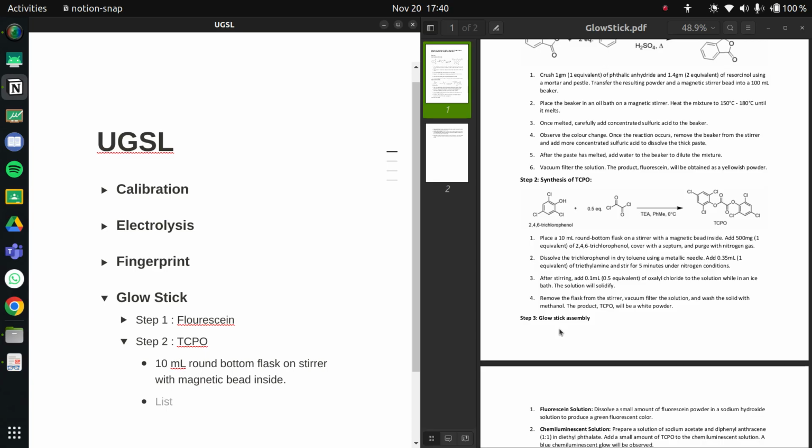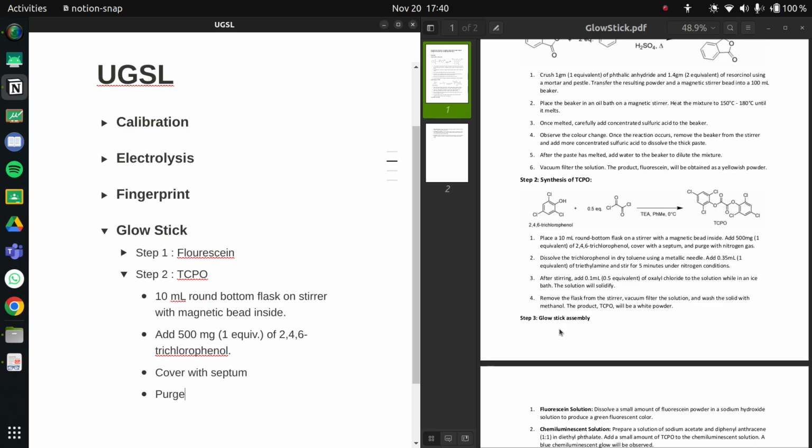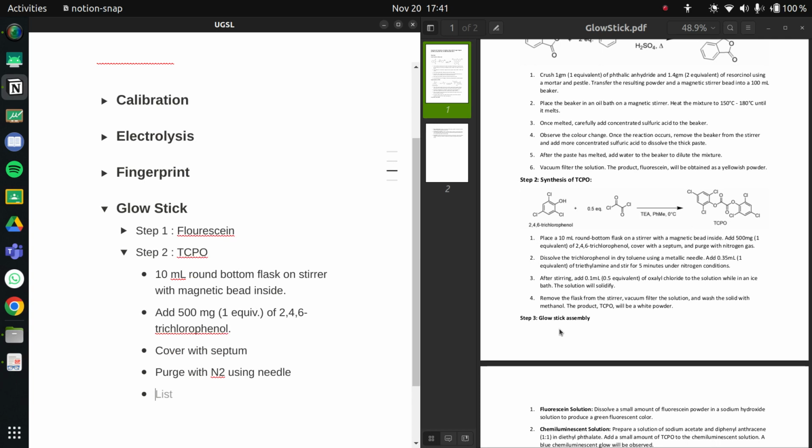Then 500 mg of compound 2. Okay. Cover with septum and purge with nitrogen gas. Okay.